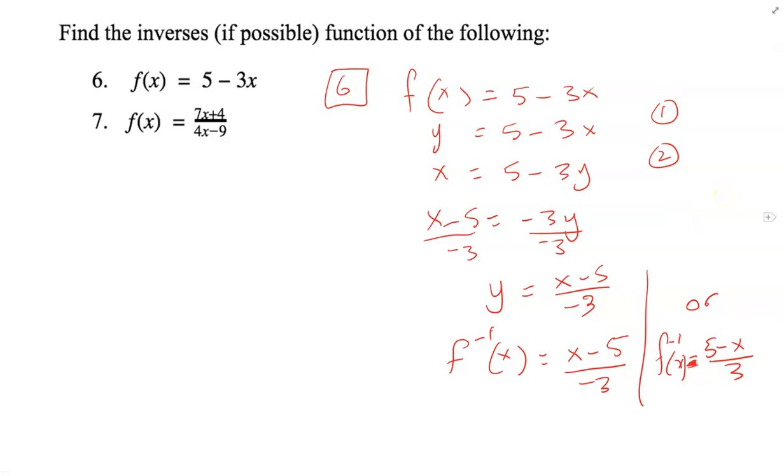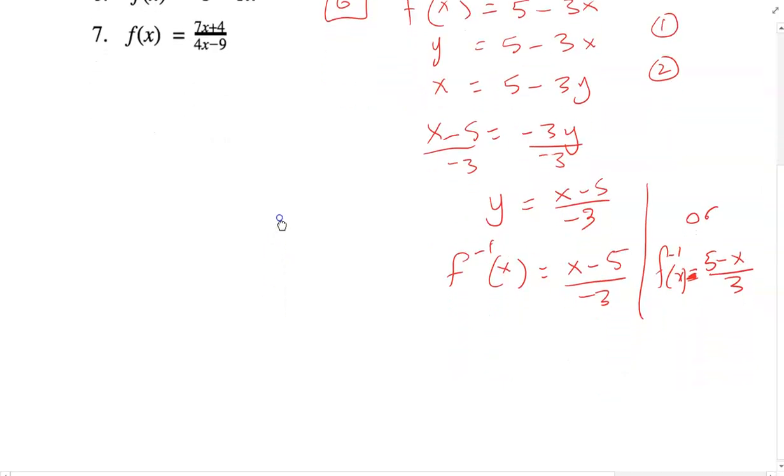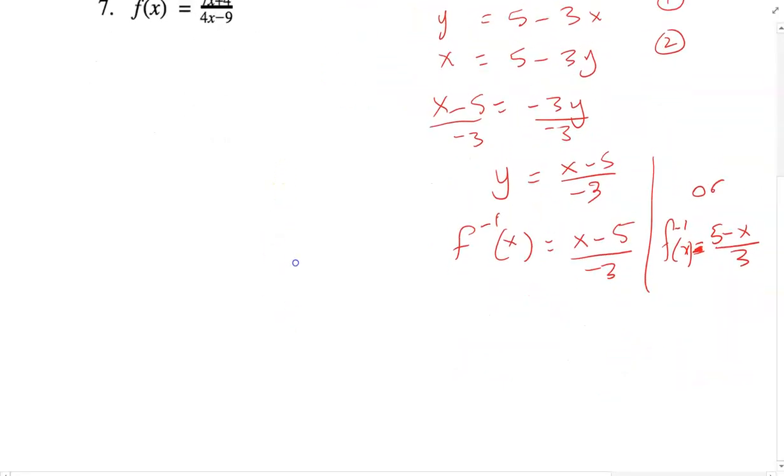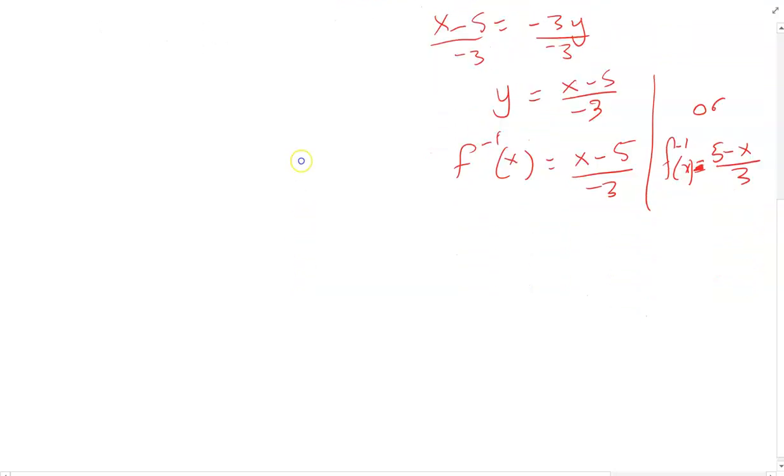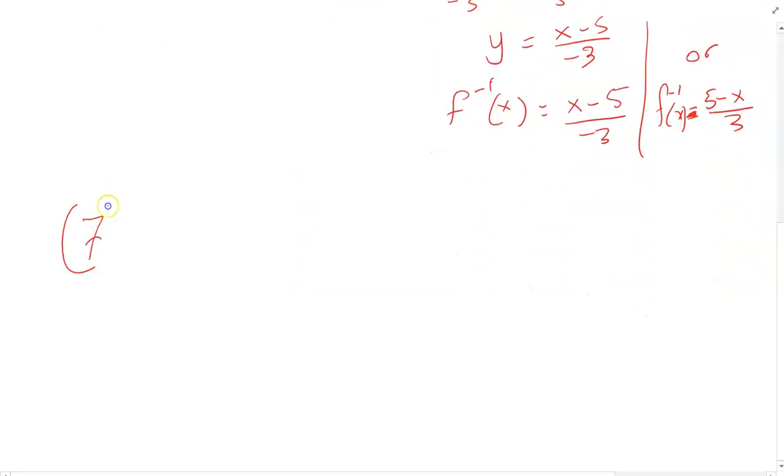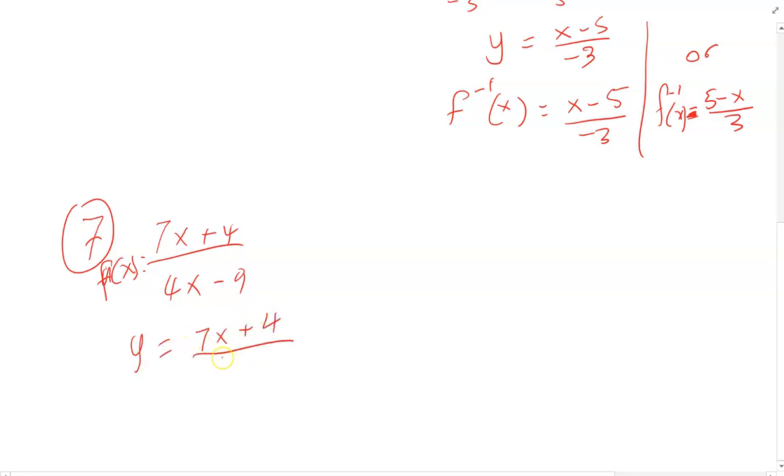All right, now let's talk about another problem, number 7. The inverse of 7x plus 4 over 4x minus 9. And so that is your f of x equals that. So we write step 1, y is equal to 7x plus 4 over 4x minus 9.